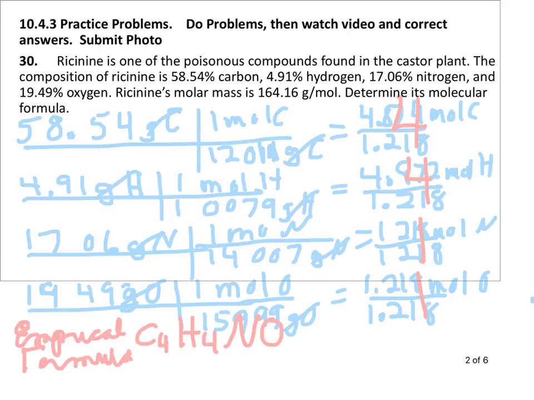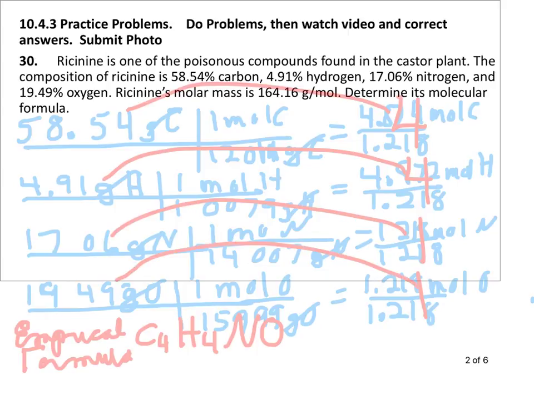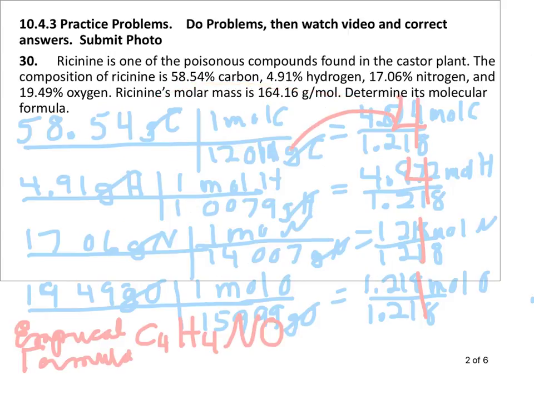Then you have to go back and find the molar mass of that C4H4NO, and that would just be taking the 4 times 58, 4 times 4.91, 1 times that, 1 times that. Oops. Back up. I went to the wrong place. That's 4 times that, 4 times that, 1 times that, 1 times that.